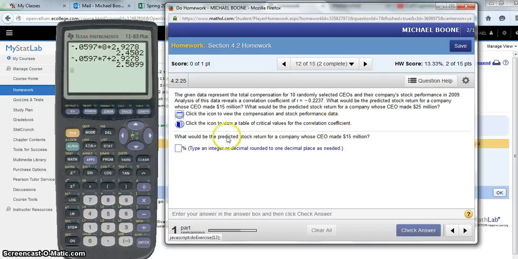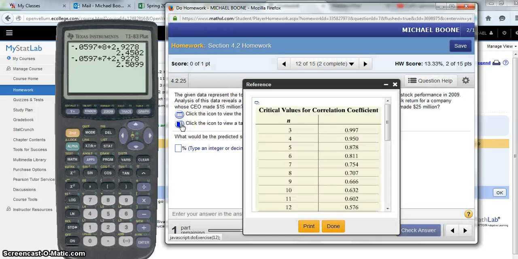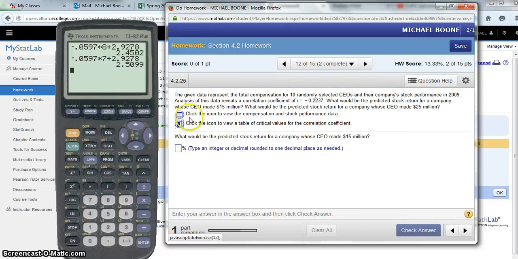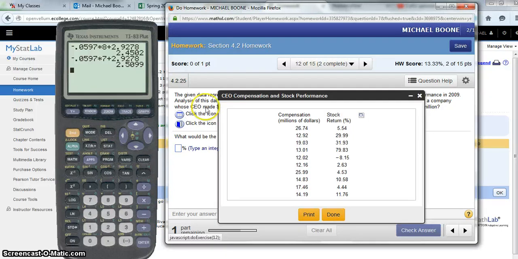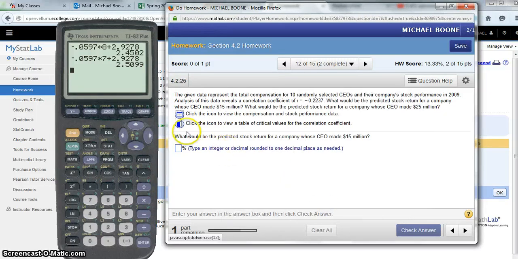The thing is, when you look at your critical values for a correlation coefficient, sorry, I didn't look at the number of data. We had 1, 2, 3, 4, 5, 6, 7, 8, 9, 10. So 10 data points.